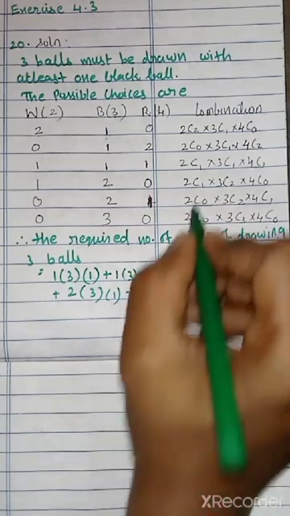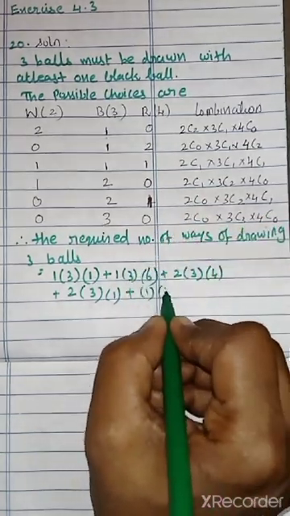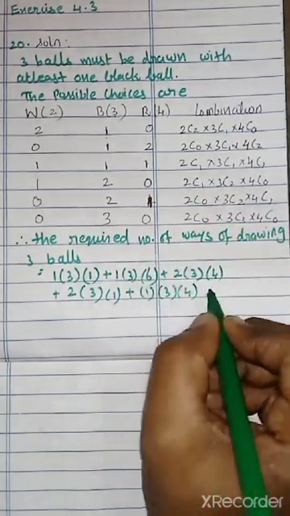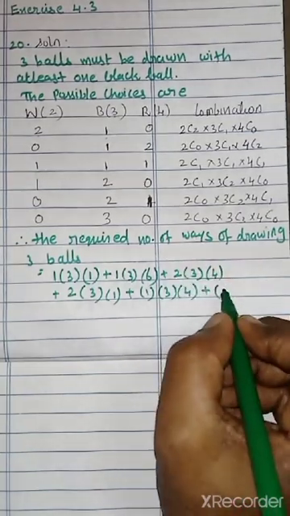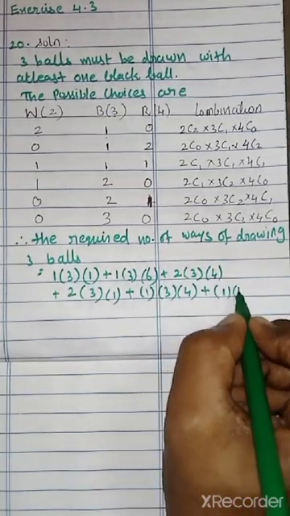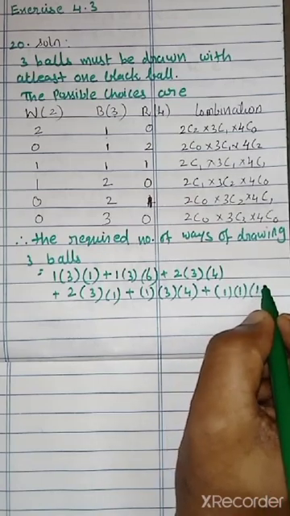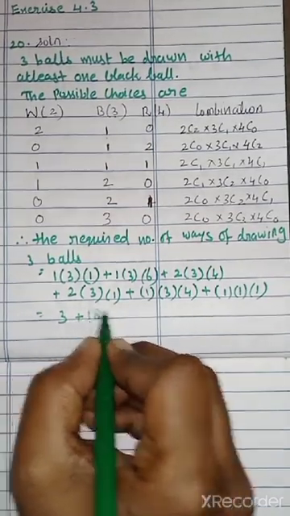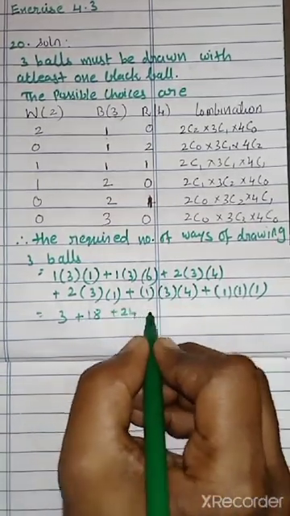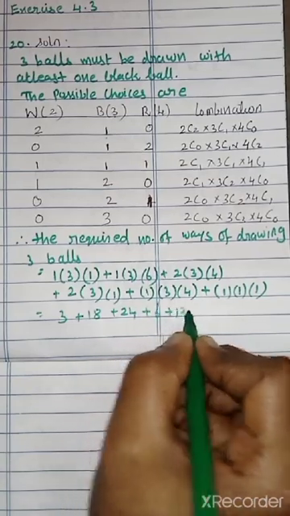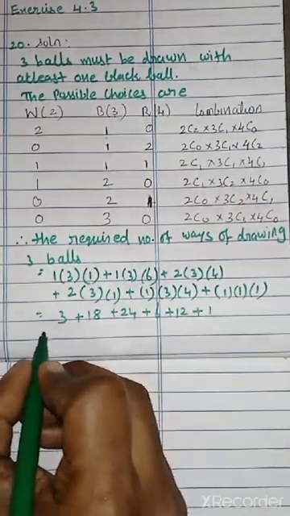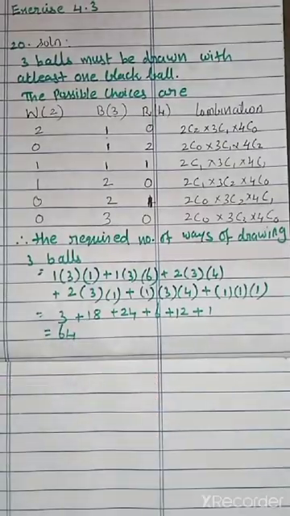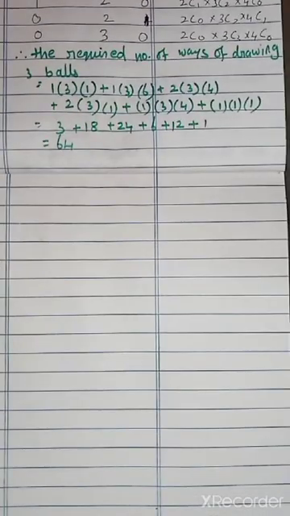Next, 1, 3, 4 plus 2C0 is 1, 3C3 is 1, 4C0 is 1. And if we add this, 3 plus 6; 3 sixes are 18, 4 twos are 8, 24; 3 twos are 6, 4 threes are 12, plus 1, which is equal to 64. So totally in 64 ways we can choose 3 balls with at least one black ball included.